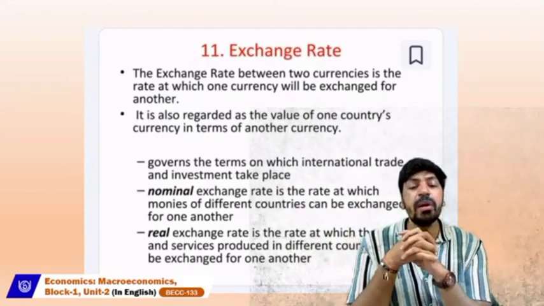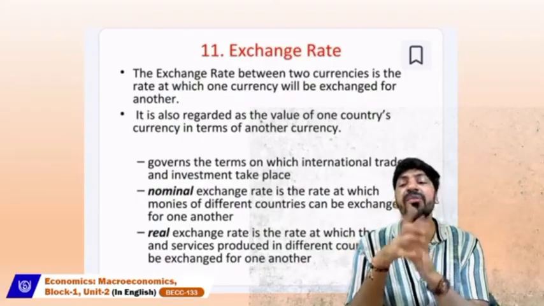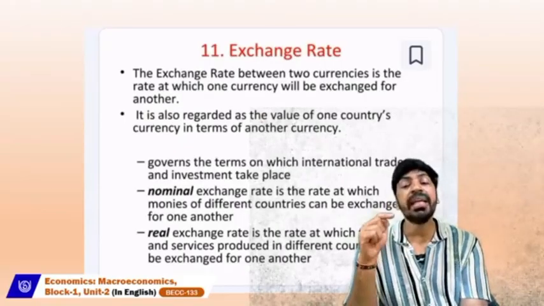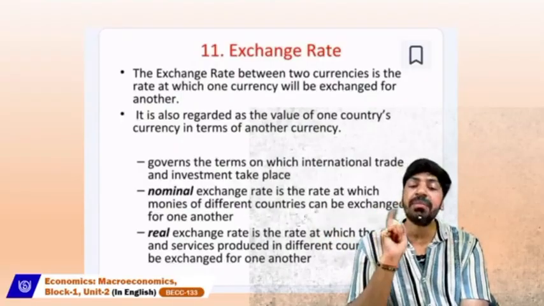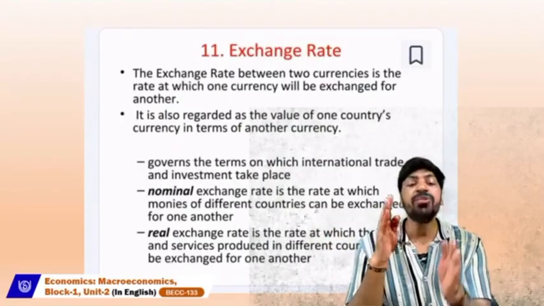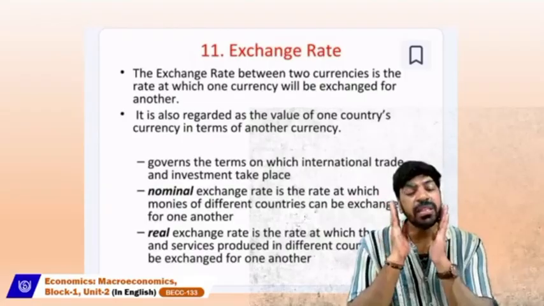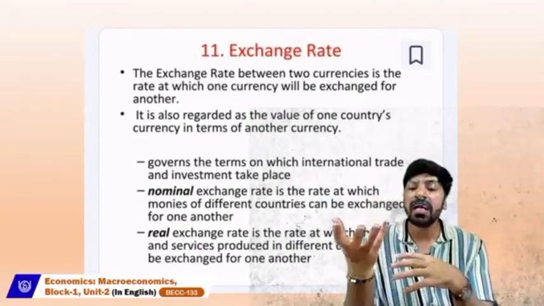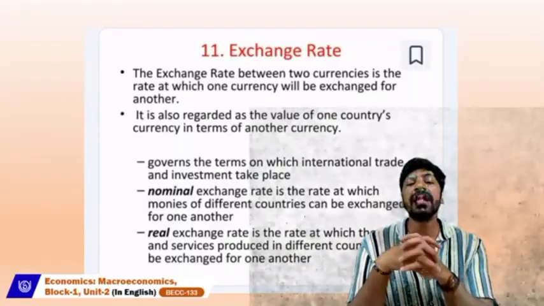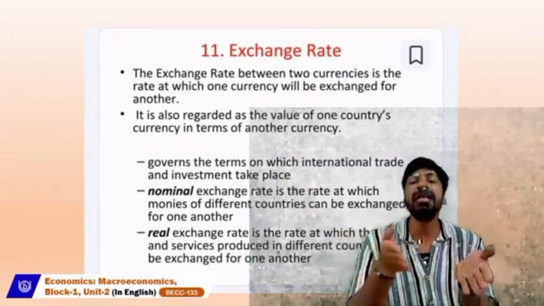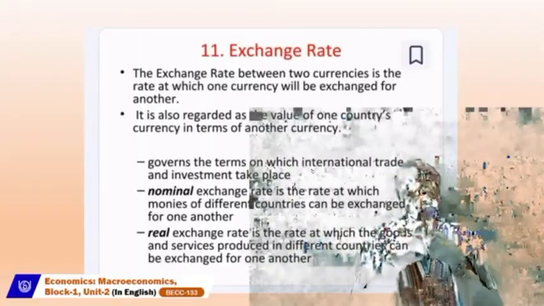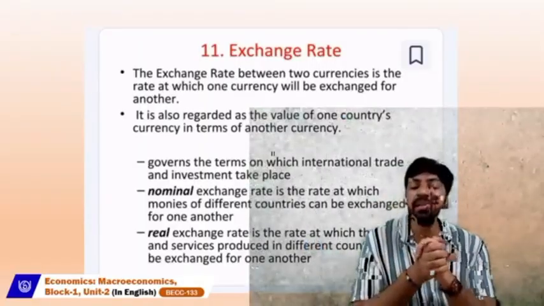The real exchange rate refers to a rate where the goods and services produced in different countries can be exchanged for one another. This rate applies when companies produce goods and services in different countries and their currencies can be exchanged for one another.